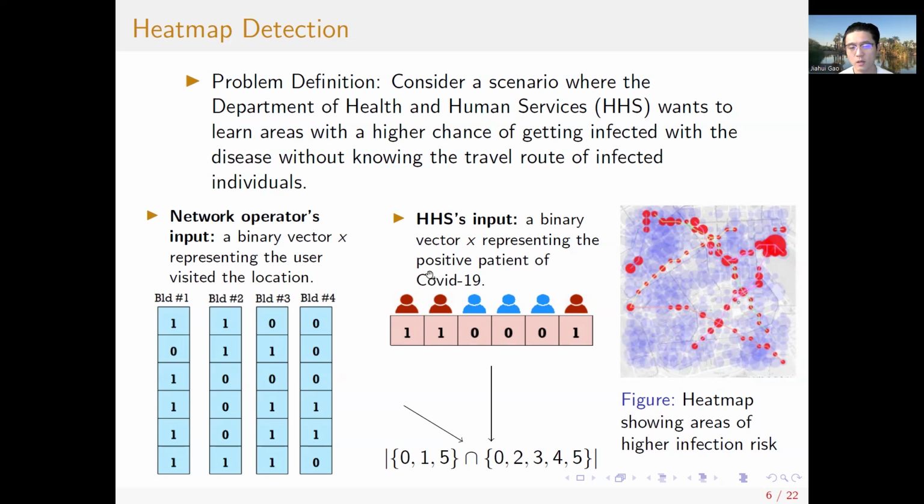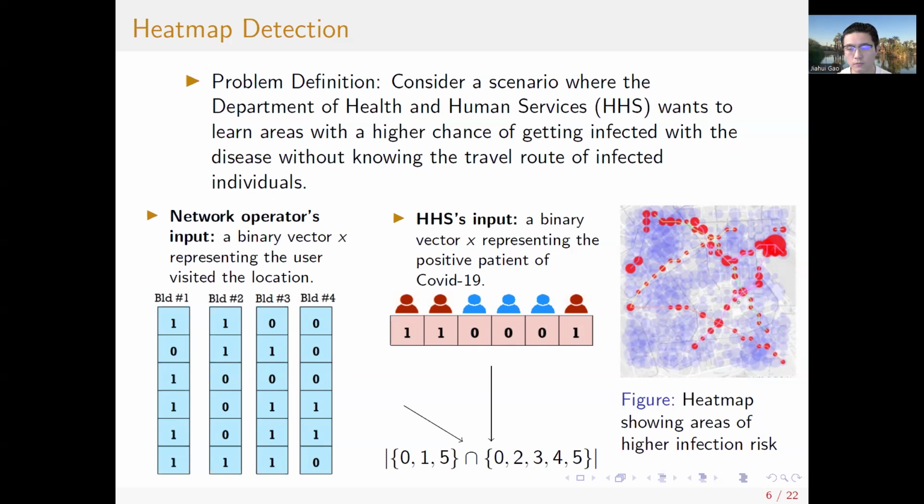So basically, the HHS has a data set which is a vector X representing positive patients of a specific disease, such as COVID-19, where in this vector 1 means the specific person has tested positive, and 0 means negative. The network operator's input represents a location, such as a building. It also maintains a binary vector of the same length, where 1 means the user has visited this location and 0 otherwise.